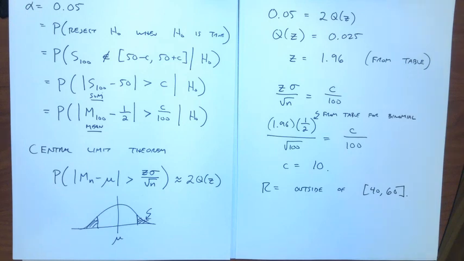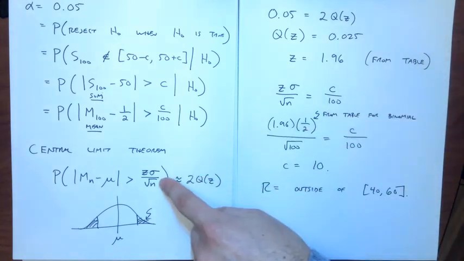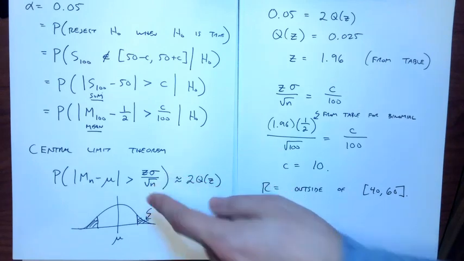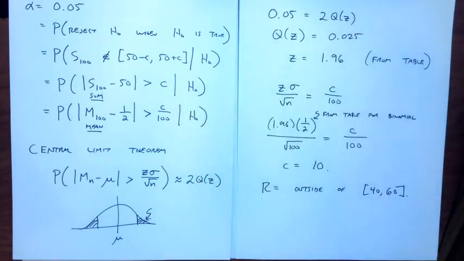I tell you alpha, you look up the corresponding z value in the table, so you know what to put on the right-hand side. Then based on that z, the number of samples, and the sigma for the random variable, you back out what the interval size should be. Okay, so questions about this example?